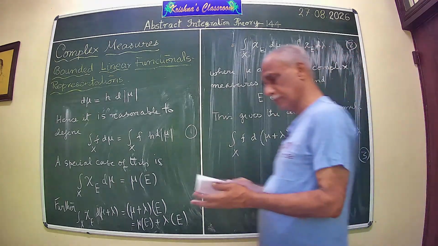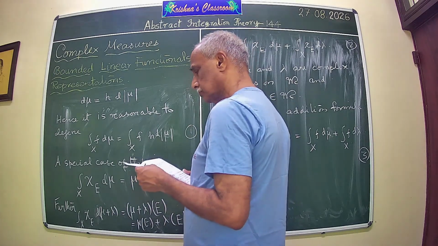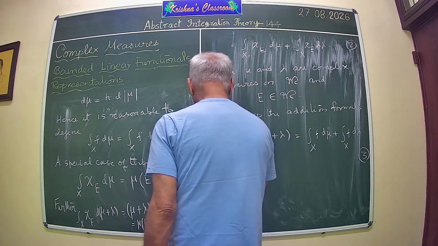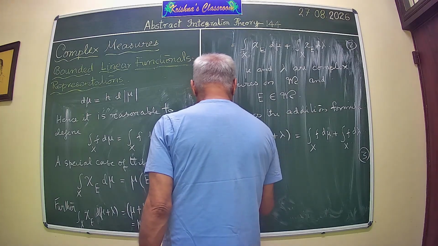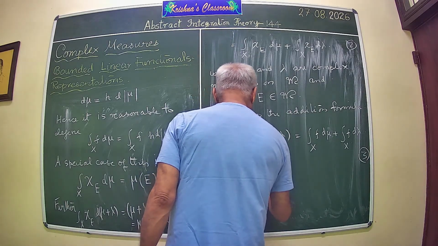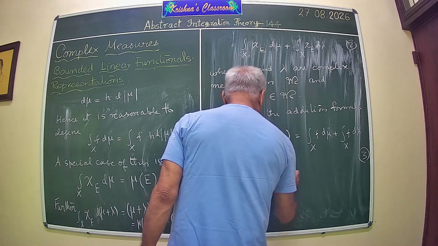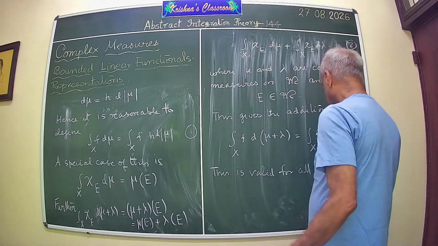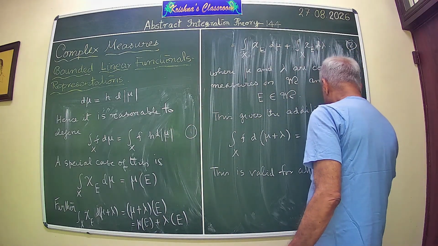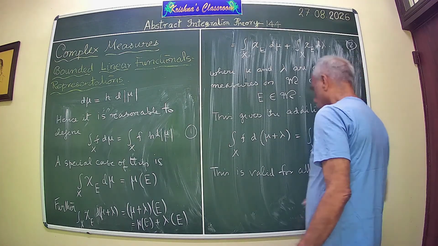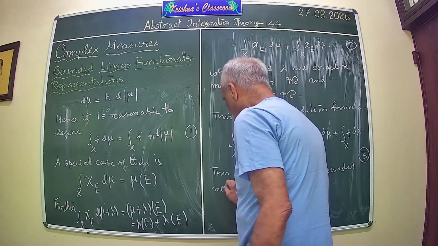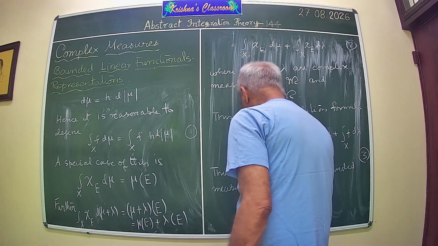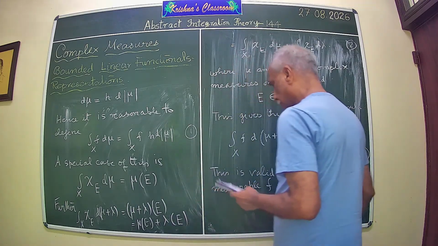Mark this as 3. Now this is valid for all bounded measurable f on X.